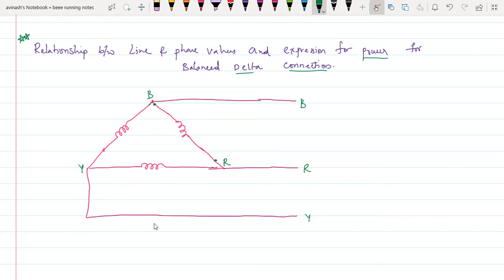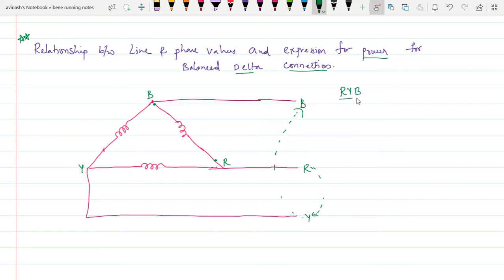Hope you understand this point. Now let us assume the current directions here. Since it is a clockwise direction, R to Y and Y to B, we are taking the RYB phase sequence.